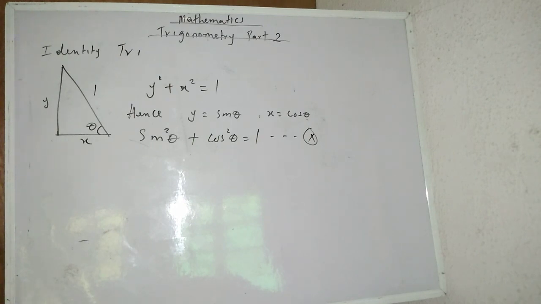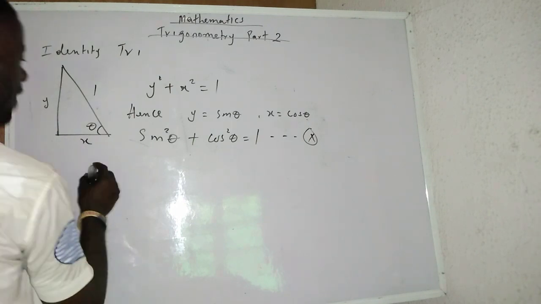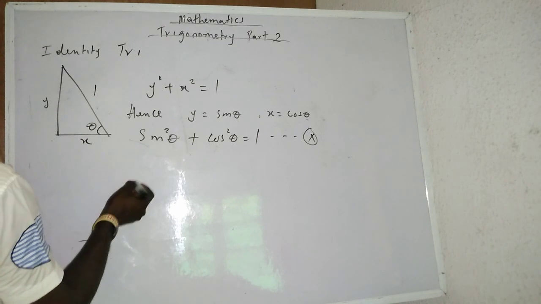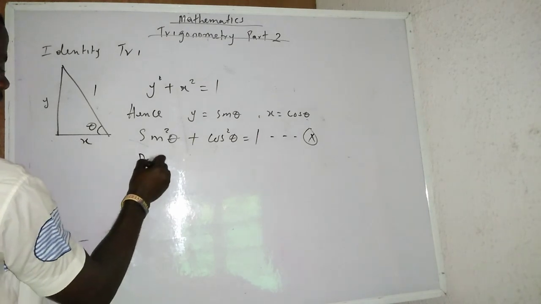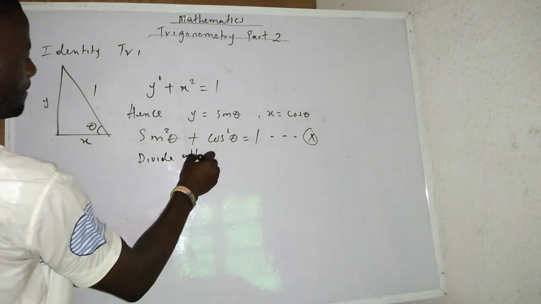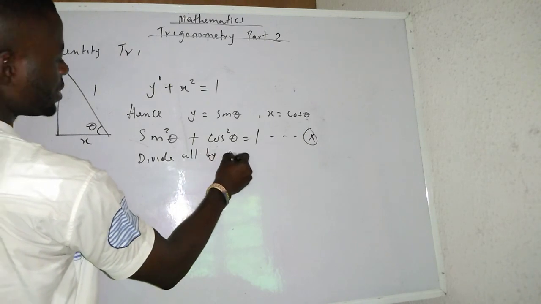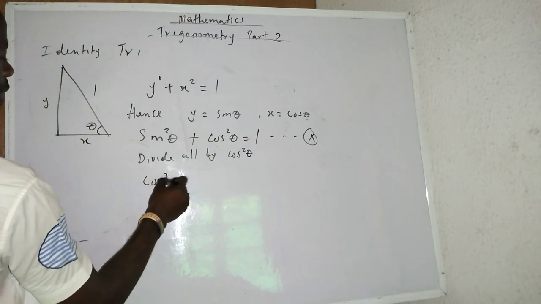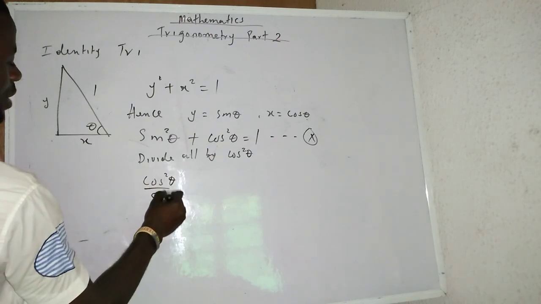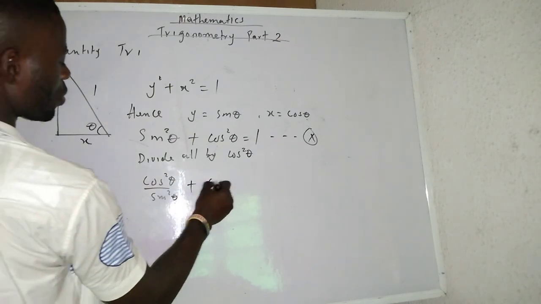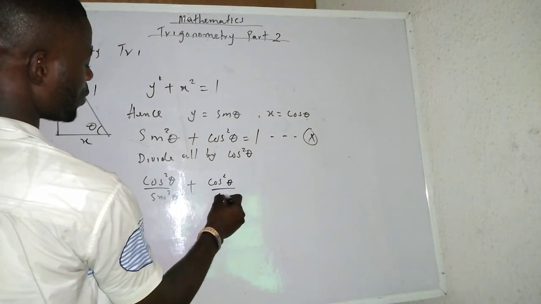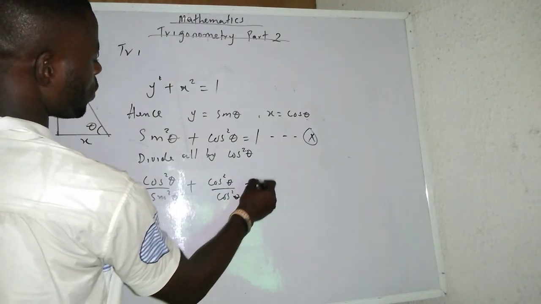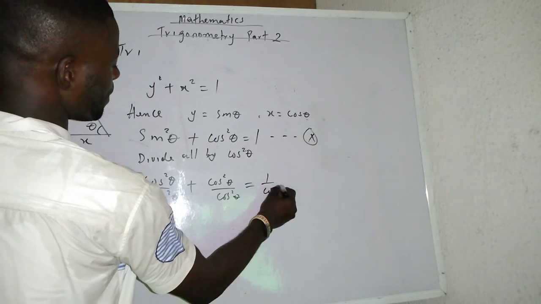Now, if I want to proceed, I divide this equation all through by cos square theta. Now, I will have sine square theta over cos square theta plus cos square theta over cos square theta equals 1 over cos square theta.